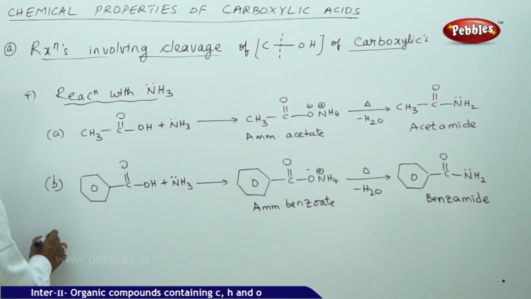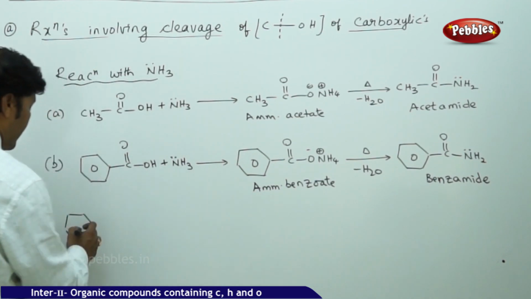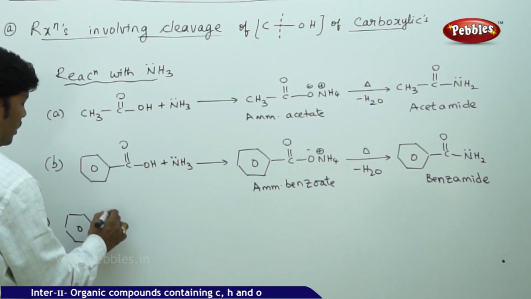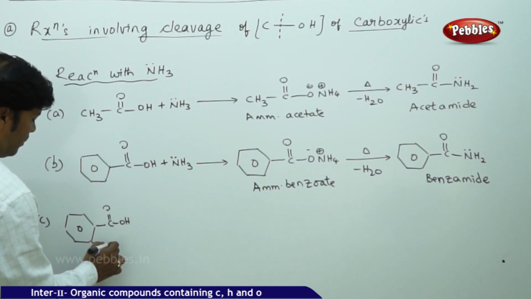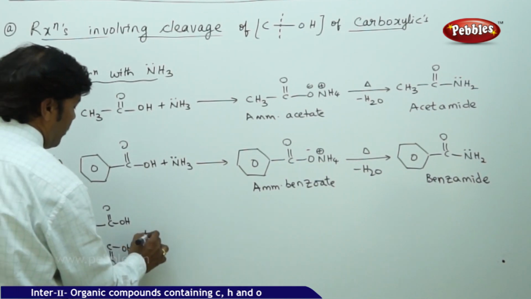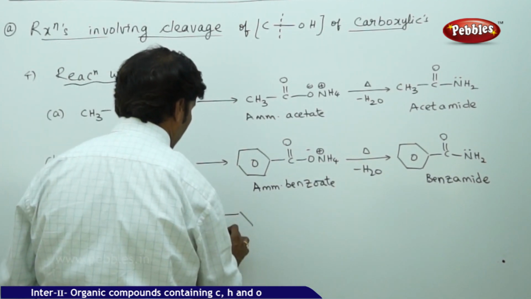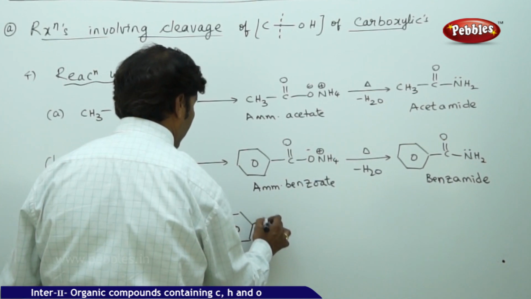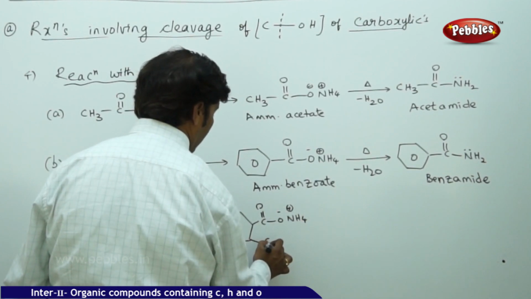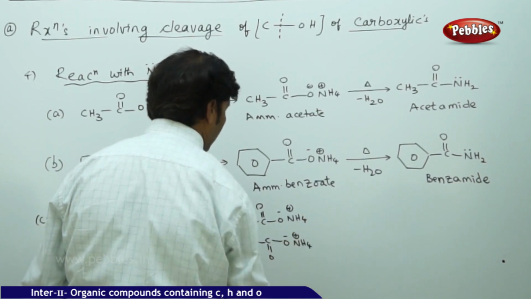Similarly, if you go for phthalic acid, say you are taking here COOH, carbon double bond oxygen, again carbon double bond oxygen, and you treat it with 2 molecules of ammonia, you are going to get ammonium phthalate, with O- NH4+ on both carboxyl groups.